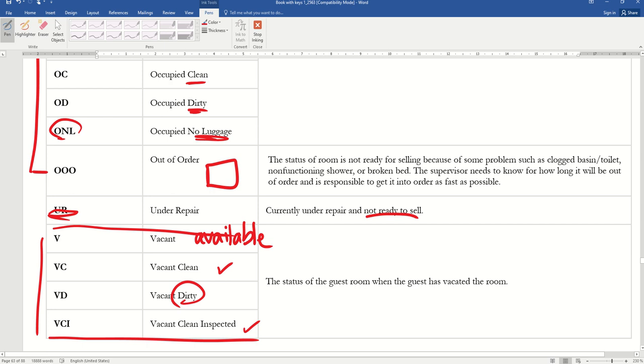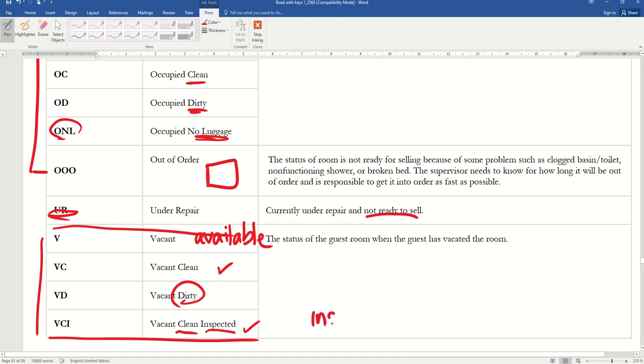What does it mean? Clean. It's clean. And inspected. According to the cleaning procedure, after checking out, after the housekeeper cleaned the room, then there is another person who comes and checks the cleanliness of the room. That is the inspector.